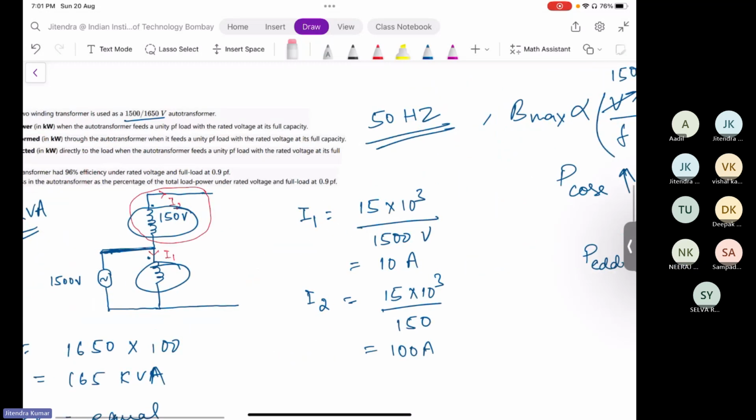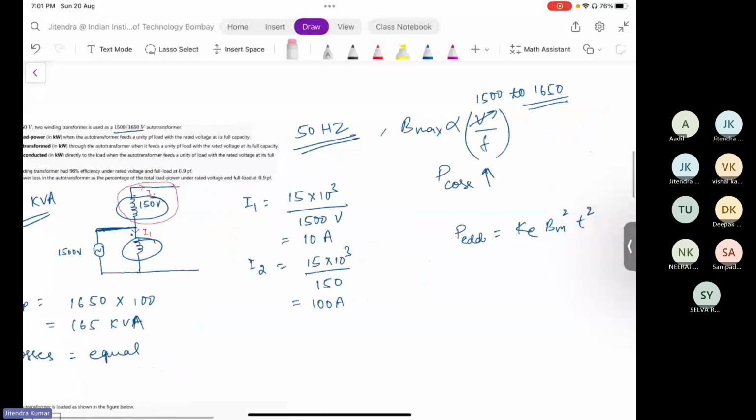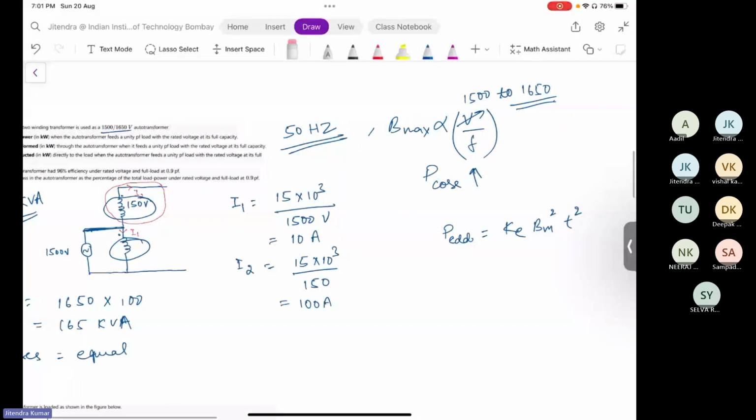No, sir, we are reducing the area of the core, so that will decrease as well. If the area of the core you are reducing and your Bmax is increasing, it means your core loss will further increase, isn't it? But sir, core losses depend on the material.